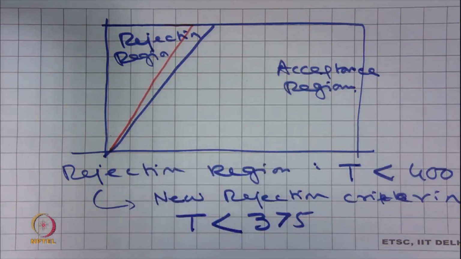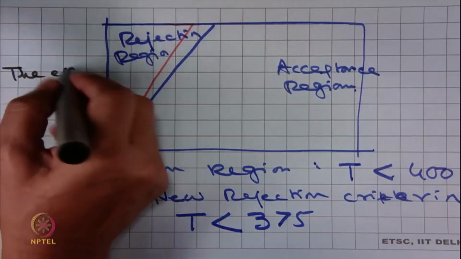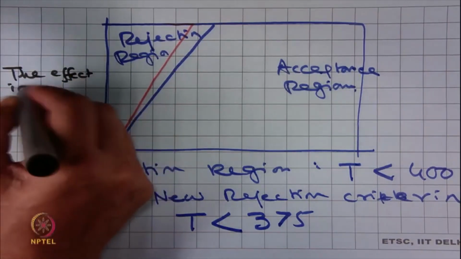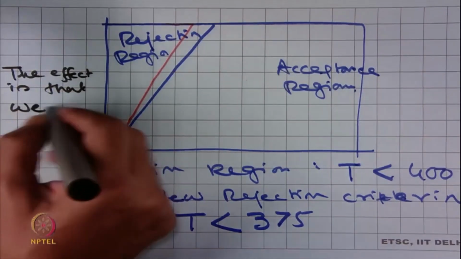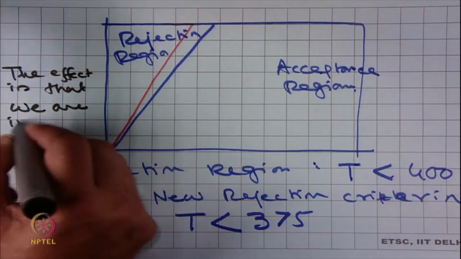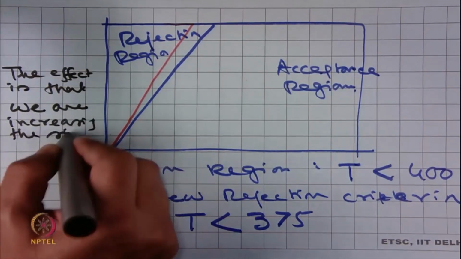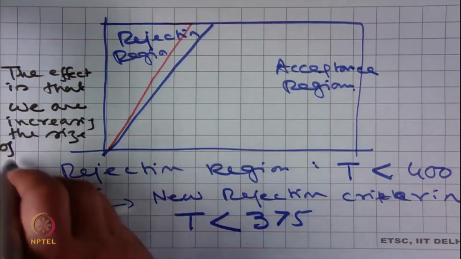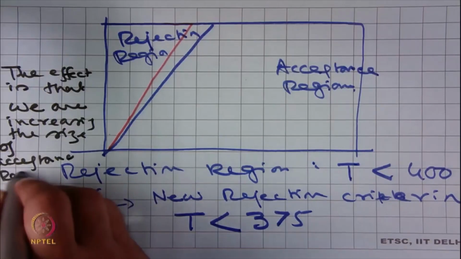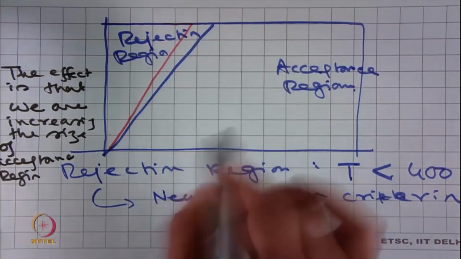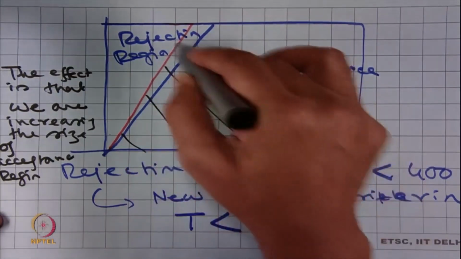What is the effect? The effect is that we are increasing the size of the acceptance region. Right? As you can see, now the acceptance region is bigger.